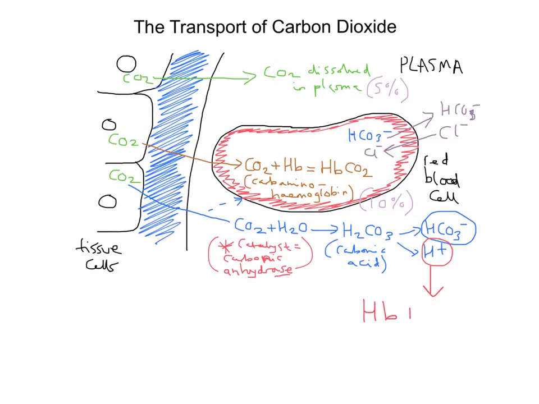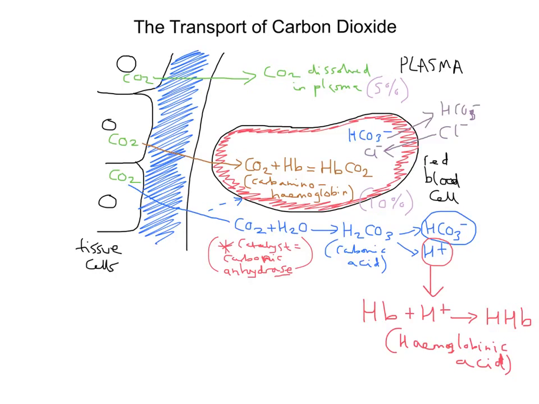Hb, symbol for hemoglobin, plus H plus, will go to produce what's called HHb, and that is known as hemoglobinic acid. And I said they're going to compete with oxygen for the hemoglobin.